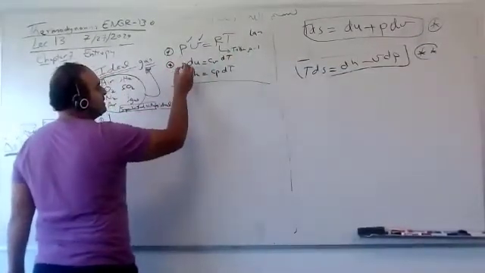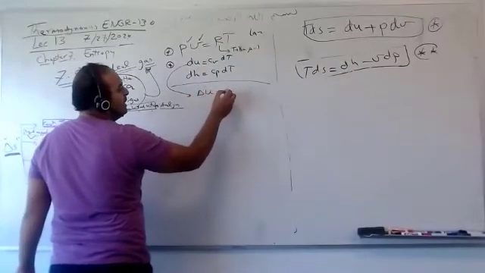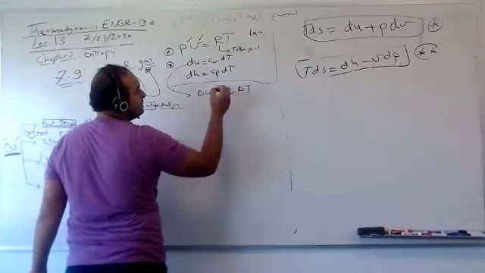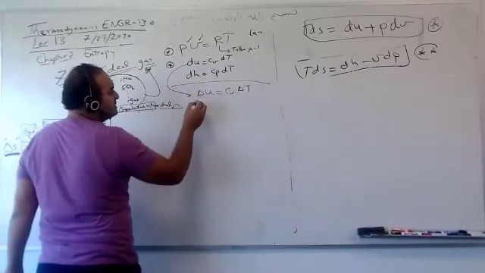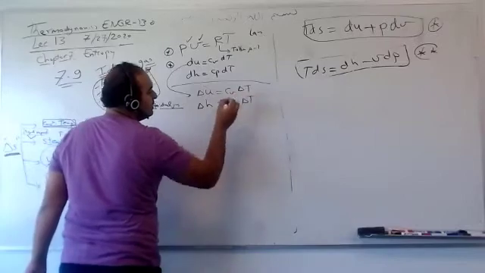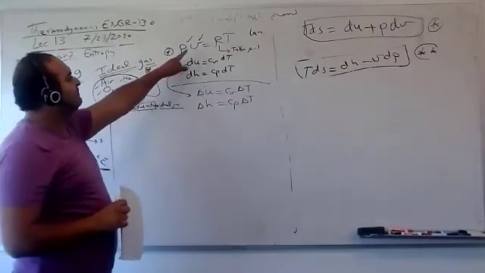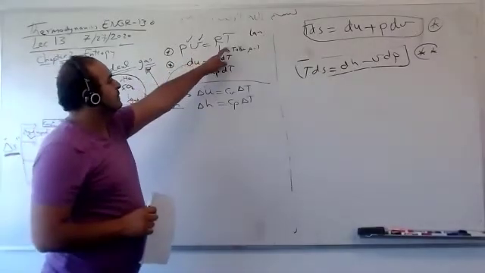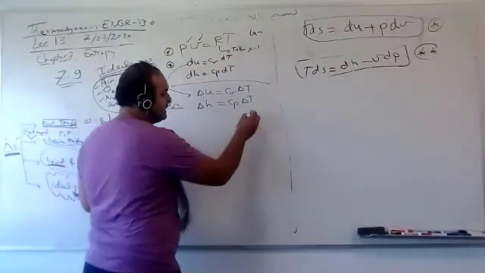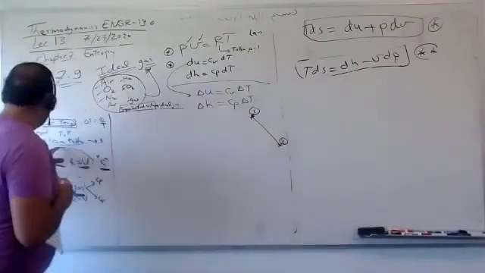As you remember, if Cv is constant, you can say delta U equals Cv delta T. If Cp is constant, you can say delta H equals Cp delta T. It means if you have, for example, P and V, you can get T. Let's say state 1 and state 2. Using a steam table, it's easy.